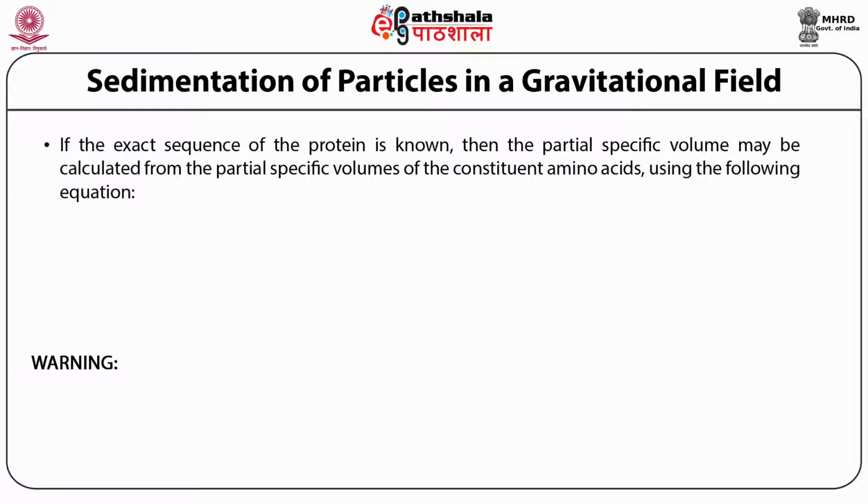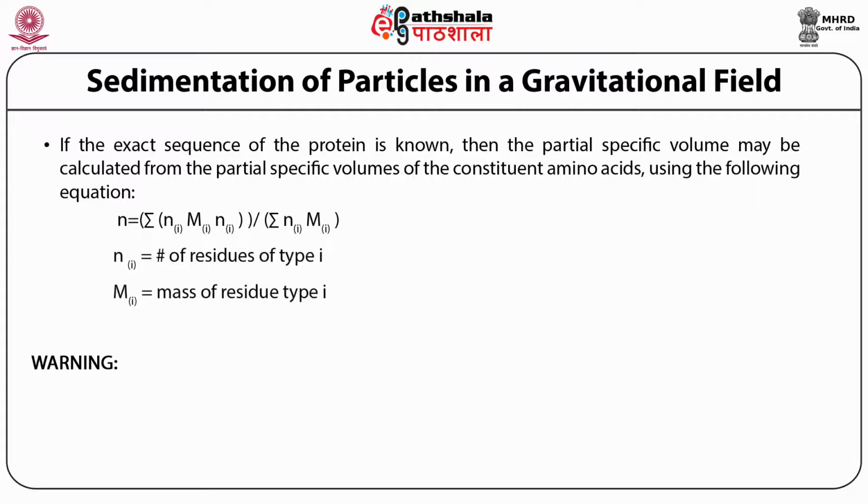If you know the constituent amino acids, it is given by the equation V equals sum of Ni Mi Vi divided by sum of Ni Mi, where Ni is the number of residues of i type, Mi is the mass of the i type residue, and Vi is the partial specific volume of the i type residue. So, these parameters can be used to calculate the partial specific volume of a protein molecule or any substance.